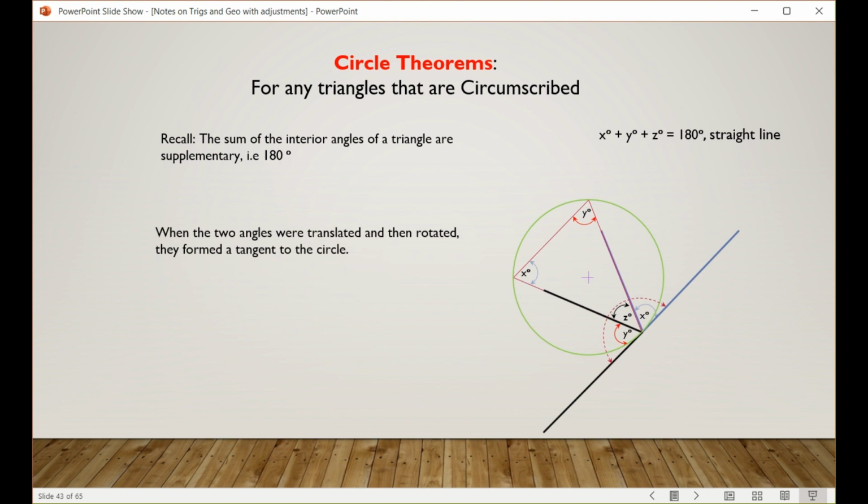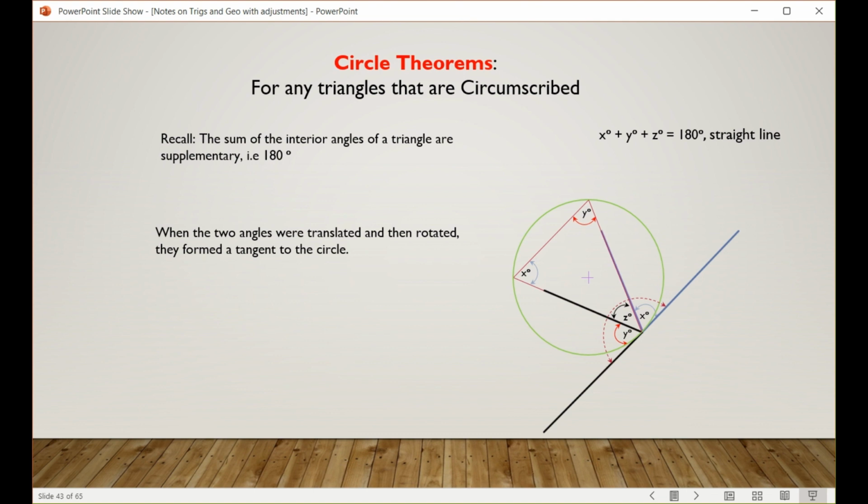So when the two angles were translated and then rotated, they formed a tangent to the circle. And this happens every single time. So knowing that now, we can also state something else. Look where X is. X is on the outside of the triangle connected to the tangent. And X is also opposite the Z on the other side.